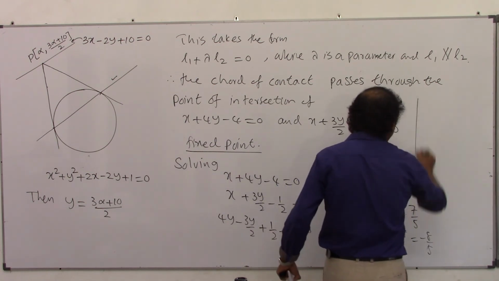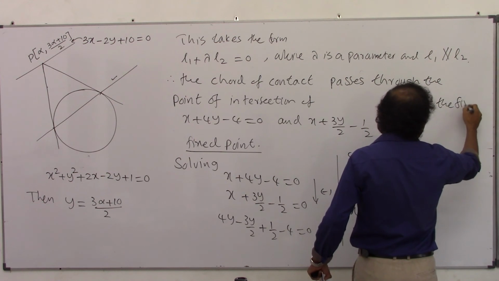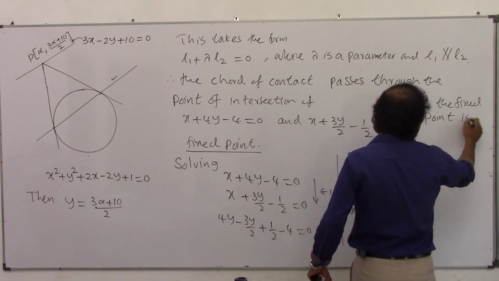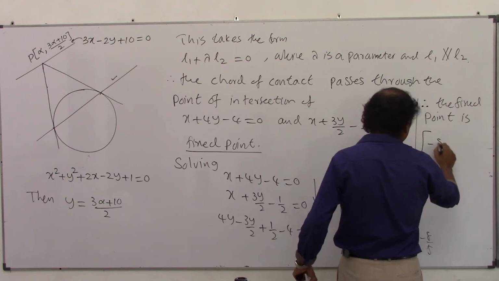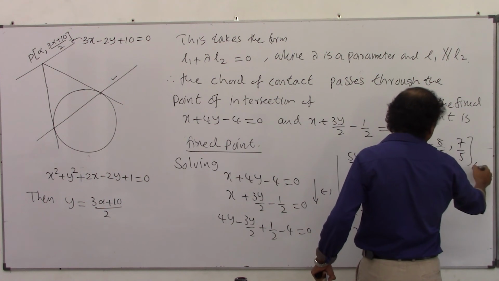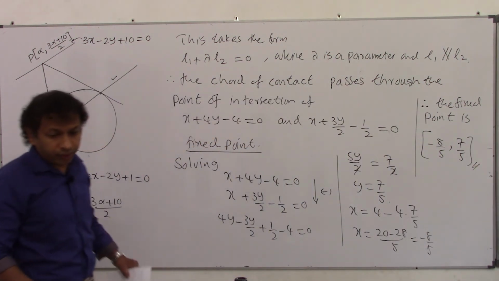Therefore the fixed point is minus 8 by 5, 7 by 5. That's how we get the answer.